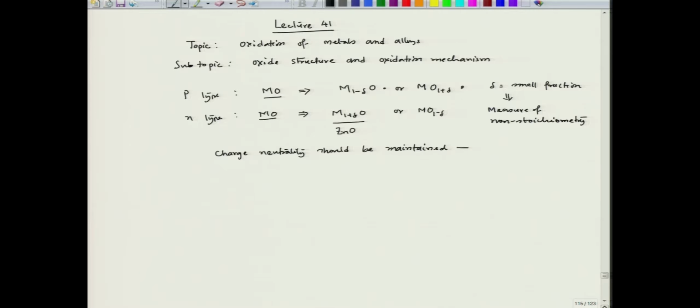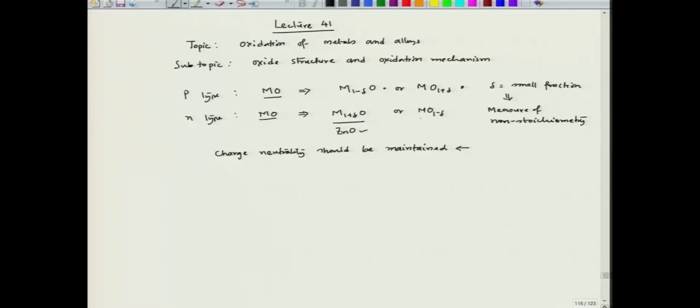And in order to maintain that neutrality, in case of zinc oxide we could see that there would be excess electrons. In that situation the electron would be the charge carrier, and that is why it is called N type. The interstitial zinc cations can exchange sites with a nearby vacant interstitial site, and then diffusion of the metal ion takes place.